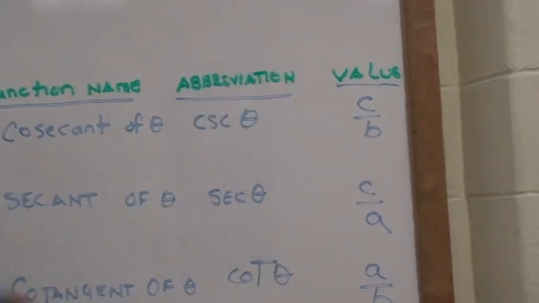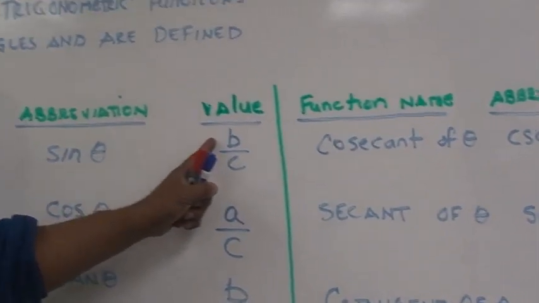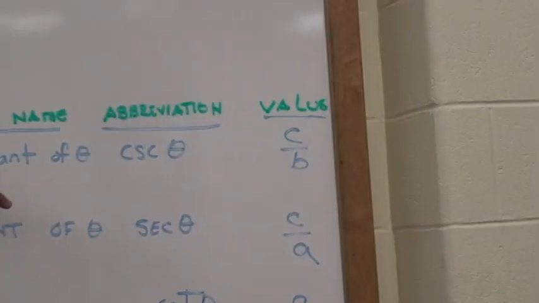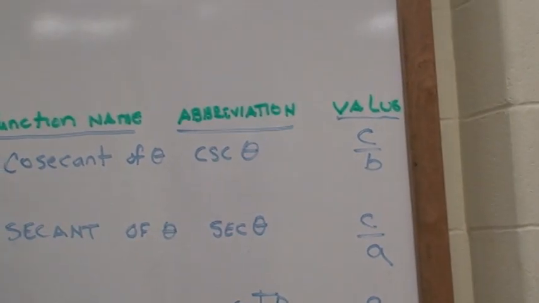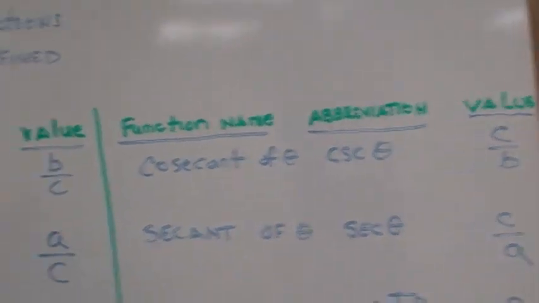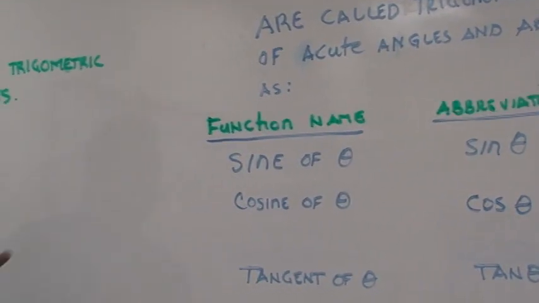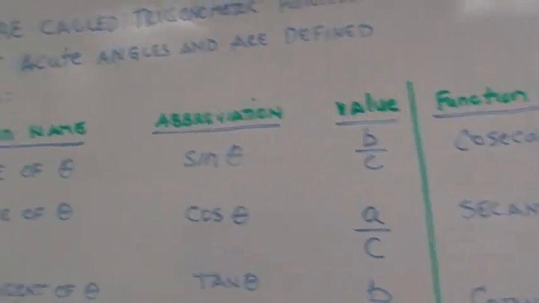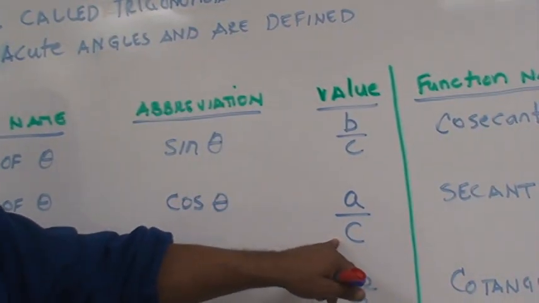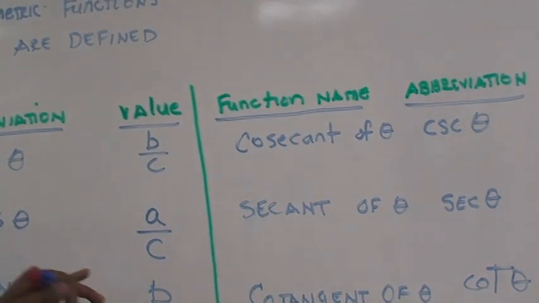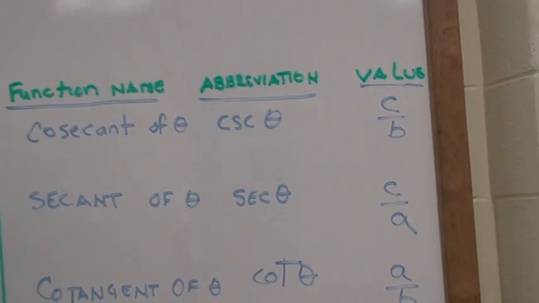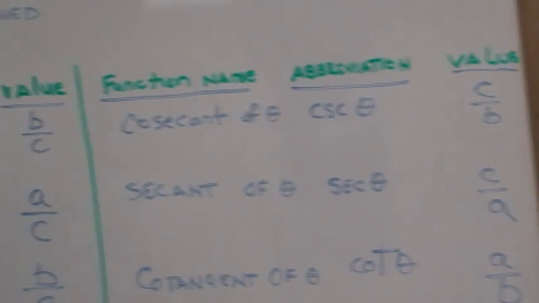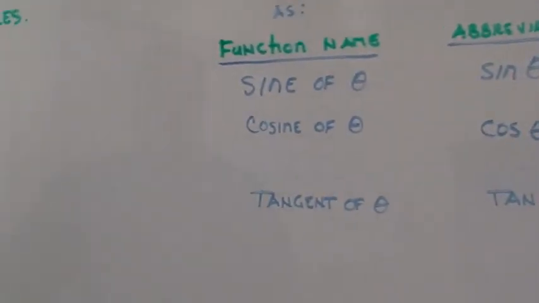Here, they're the reciprocals. So, if you have B over C for sine theta, then the cosecant of theta would be C over B. It's the reciprocal, right? And the same goes for cosine, as you have the adjacent side over the hypotenuse, represented by A over C. Secant theta is represented by its reciprocal, C over A, or hypotenuse over the adjacent.